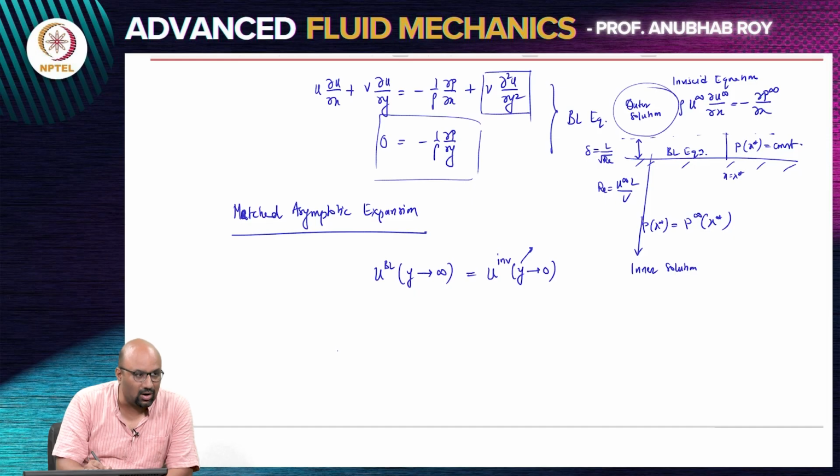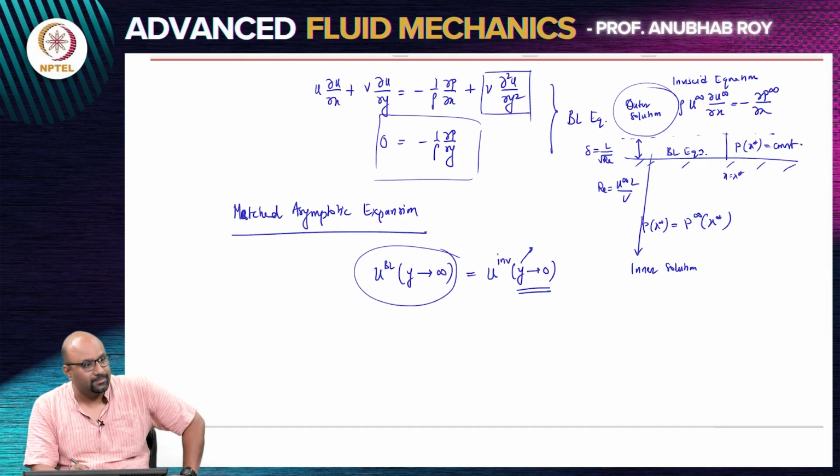So, you solve the outer problem and you let its coordinate go to 0, which means you are approaching the plate. Now, you know the inviscid problem will not be able to satisfy the no slip boundary condition. So, you approach the plate and you find what is the limit of the inviscid solution as you approach the plate. This should be equal to the boundary layer solution near the plate as you take your y coordinate going to infinity. So, this is how you do this in a formal setting.